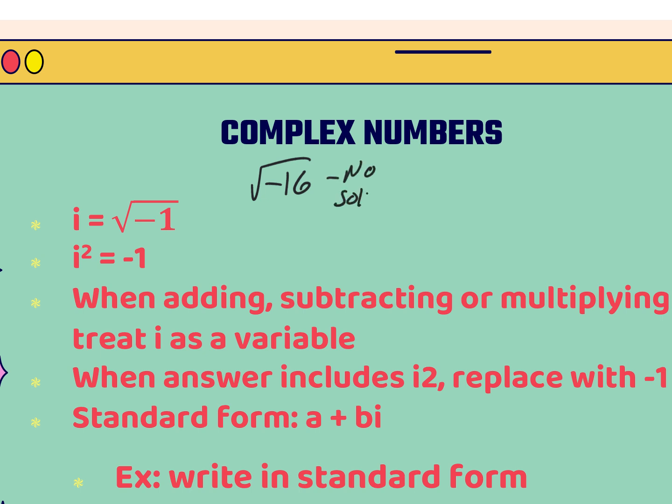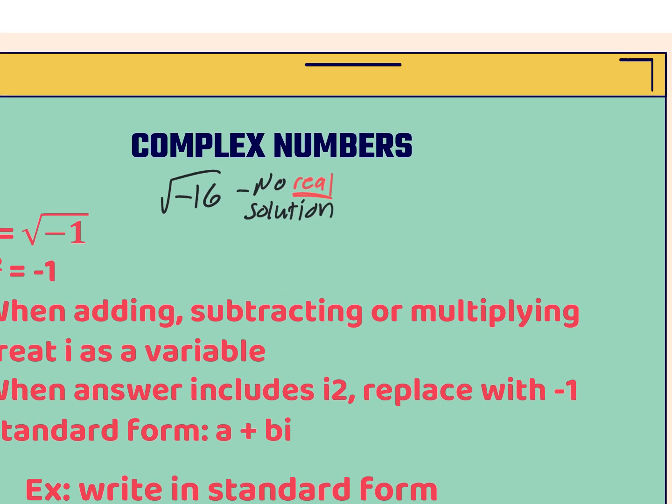But really, this is actually no real solution, and you might have seen this before also. This word "real" actually has meaning. It's not like we're just throwing it in there for no reason. Real solution means it's a solution in the real number system.